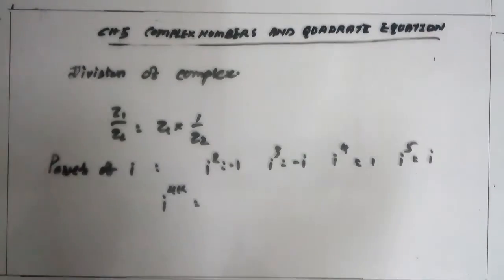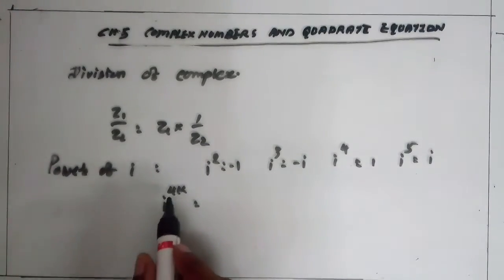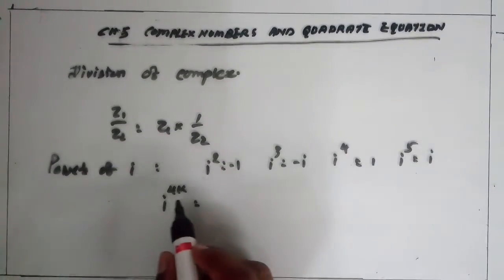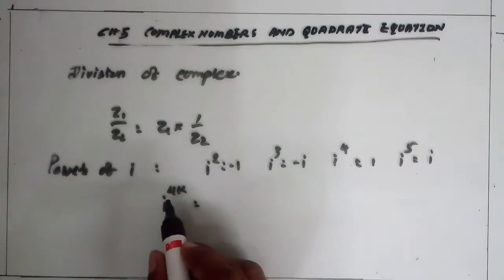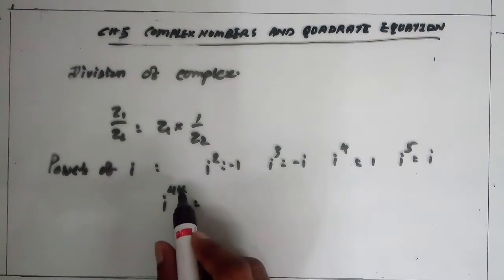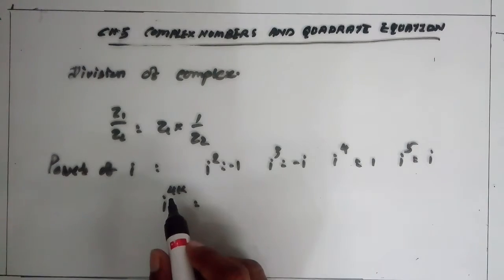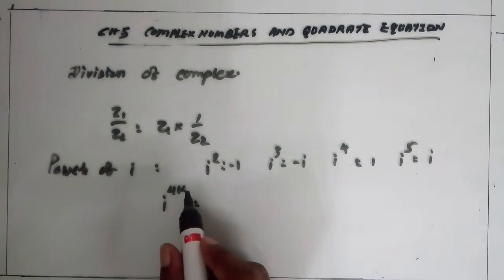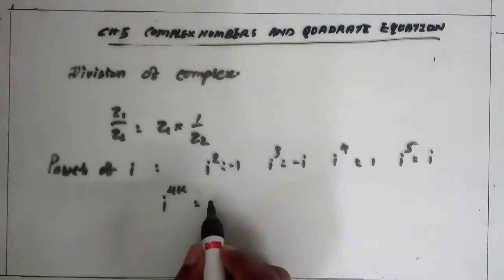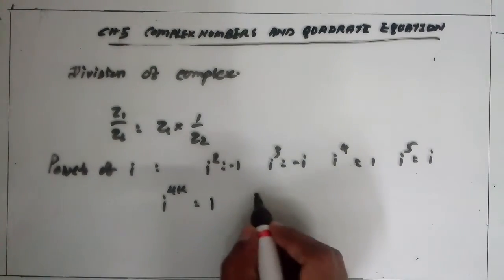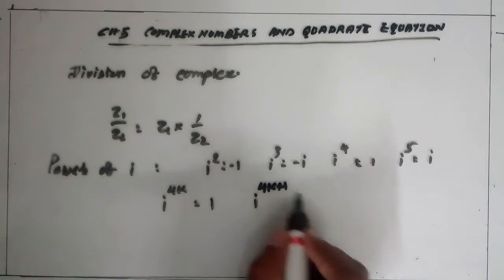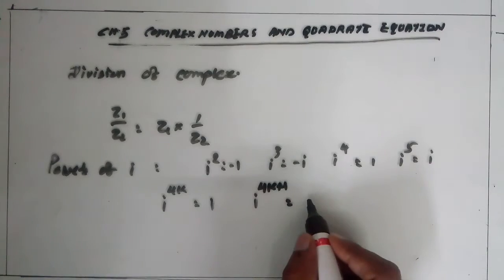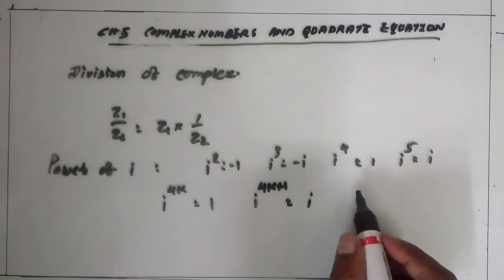Generally, i^4k is equal to (i^2)^2k. i^2 is minus 1, raised to 2k, the power is even, so it becomes plus 1. i^(4k+1) is equal to i. Clear?